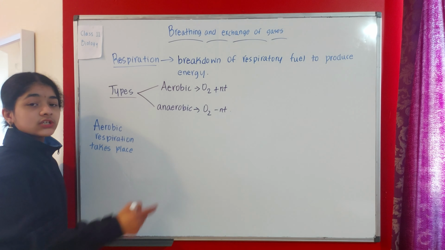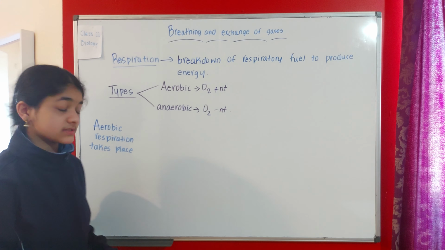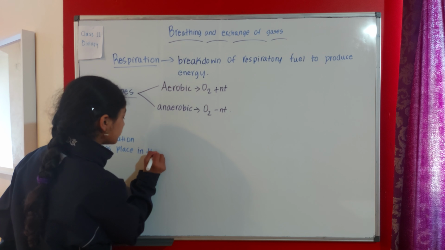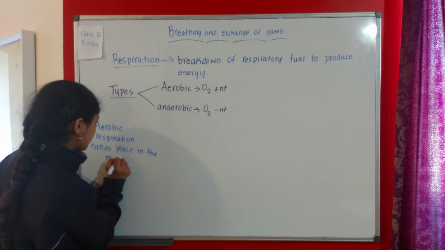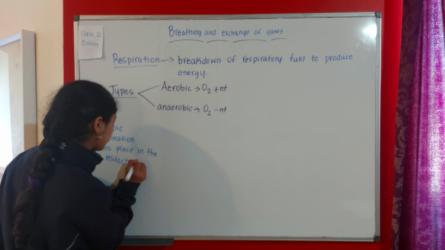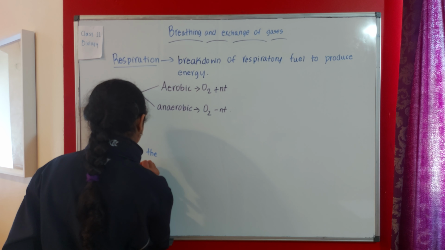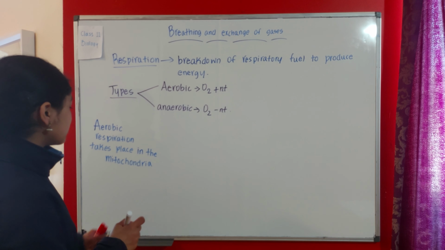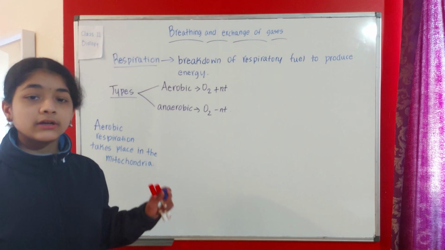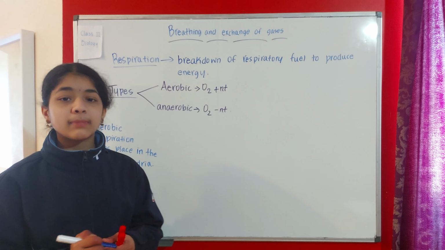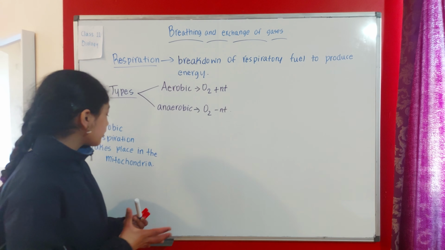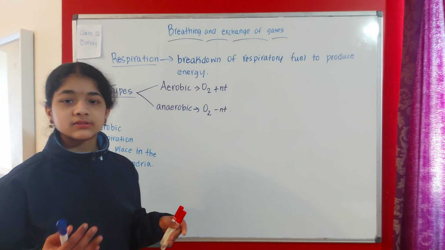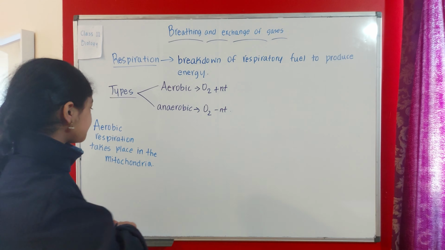This aerobic respiration is the type of respiration where oxygen is present. Mitochondria is called the energy powerhouse of the cell. So in the mitochondria of these cells, the aerobic respiration takes place.